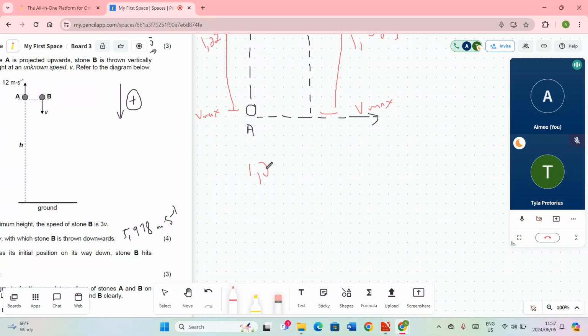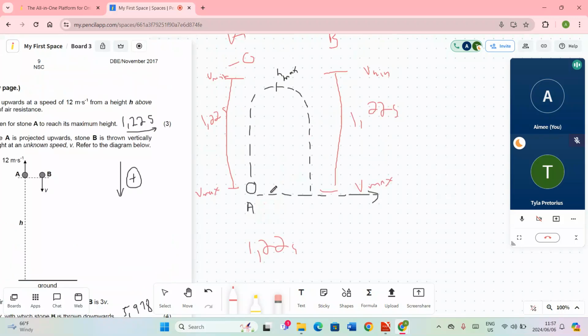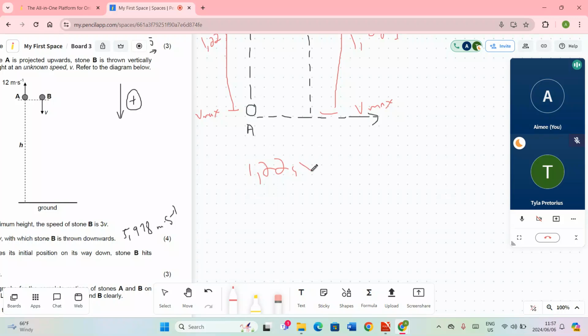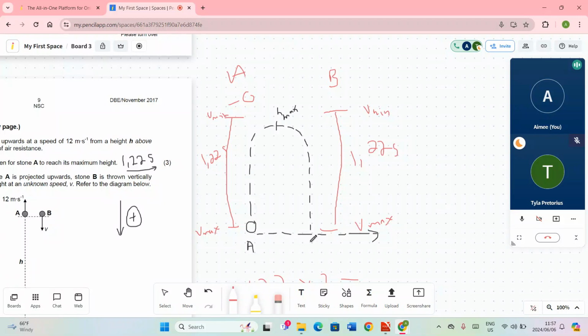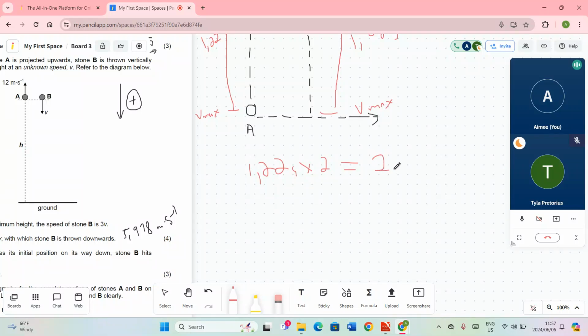So it took 1.22 seconds for A to move from its initial point to its maximum point, which means it took 1.22 times 2 to go from its initial point back to its initial point on the way down, which is equal to 2.44 seconds. Okay?